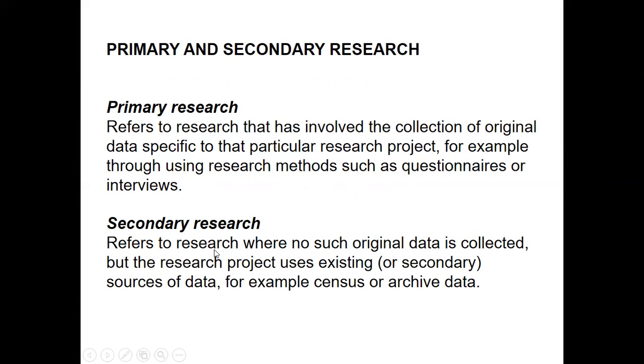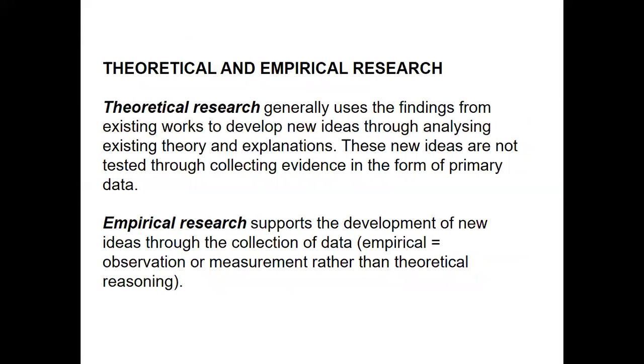Secondary research is not based on original data, but the research project uses existing sources of data, and secondary data is used in this type of research. For example, we can use census data, existing data in journals, or previous research data in the second type of research.